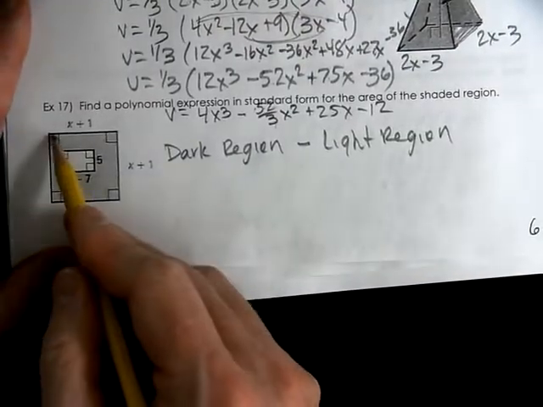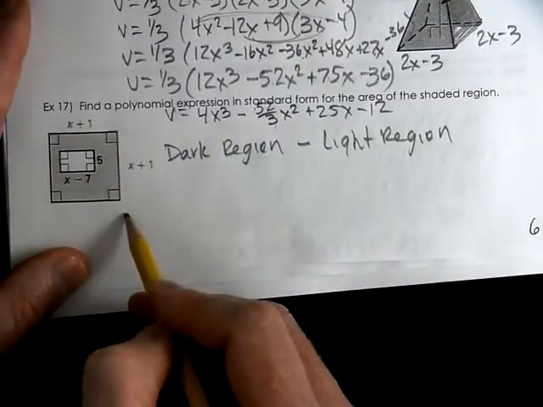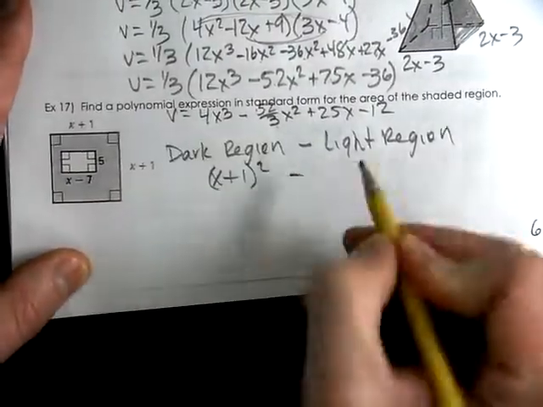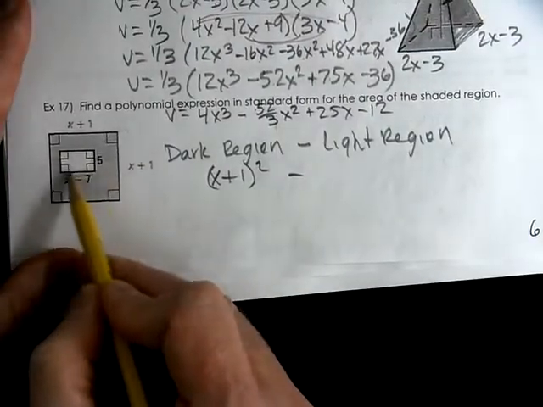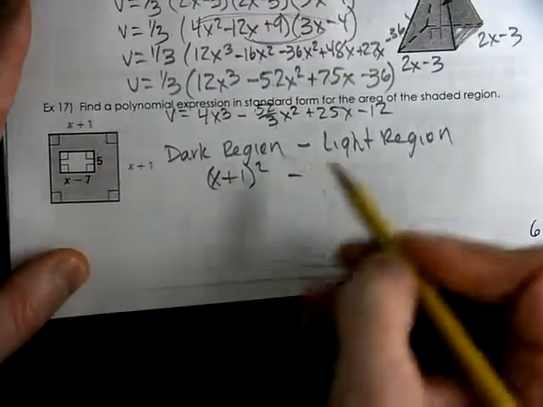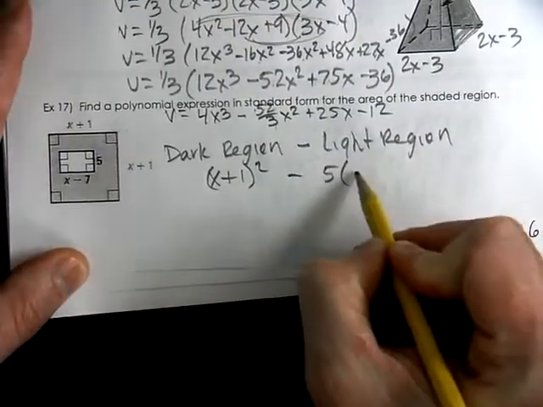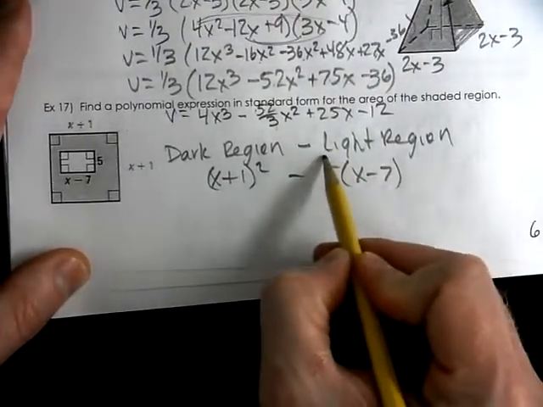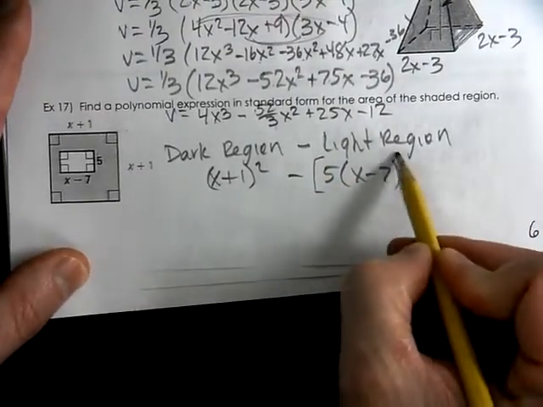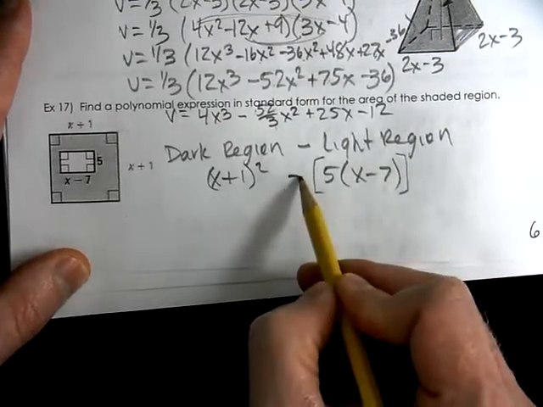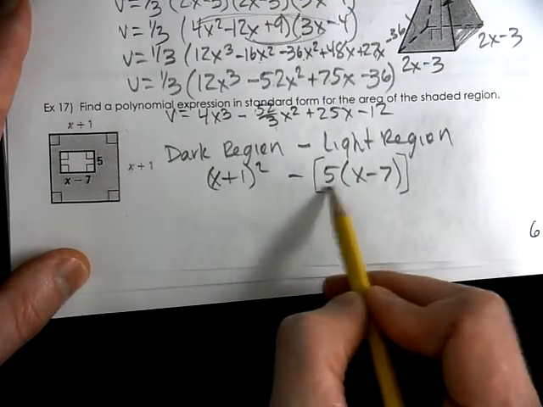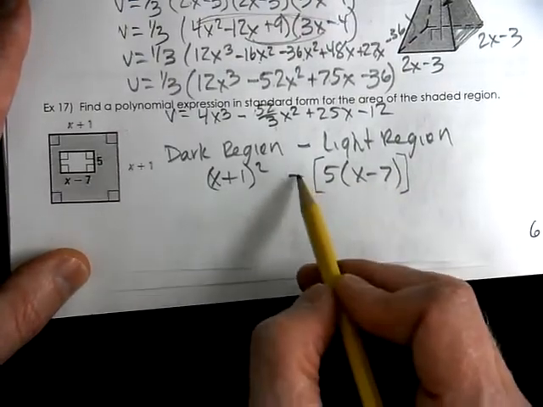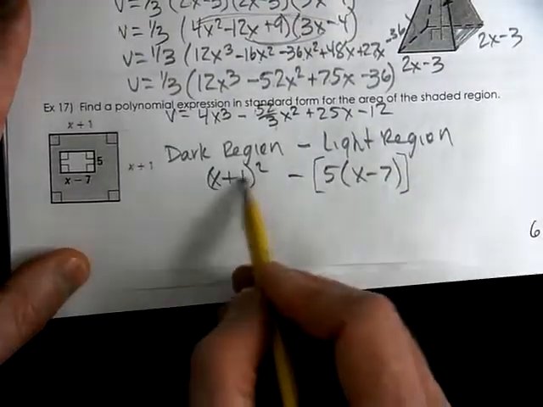So the dark region is length times width, which is x plus 1 squared, minus the lighter region is 5 times x minus 7. And often we might have another set of parentheses just to show that we're minusing this whole group. You really don't need that extra set, but just so you understand, you're subtracting that whole quantity.